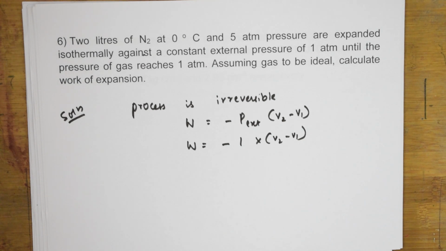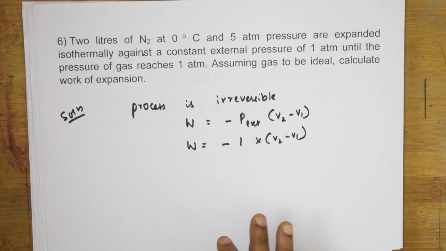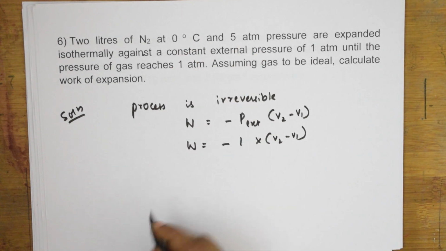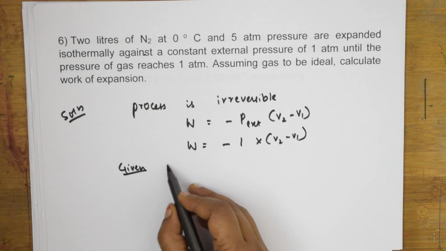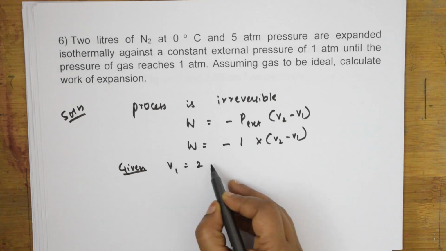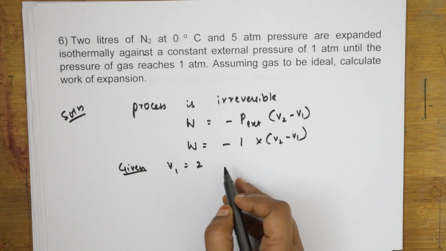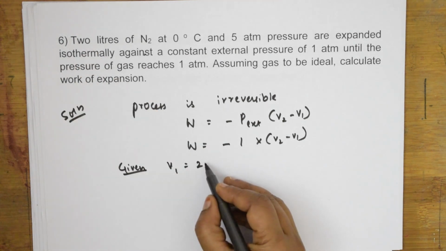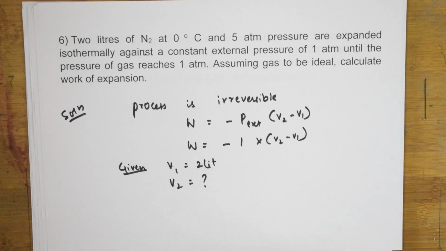Right. So what do they ask me? Assuming the gas to be ideal, calculate the work of expansion. Let's start. Given values: V1 is 2 liters, V2 I need to find.